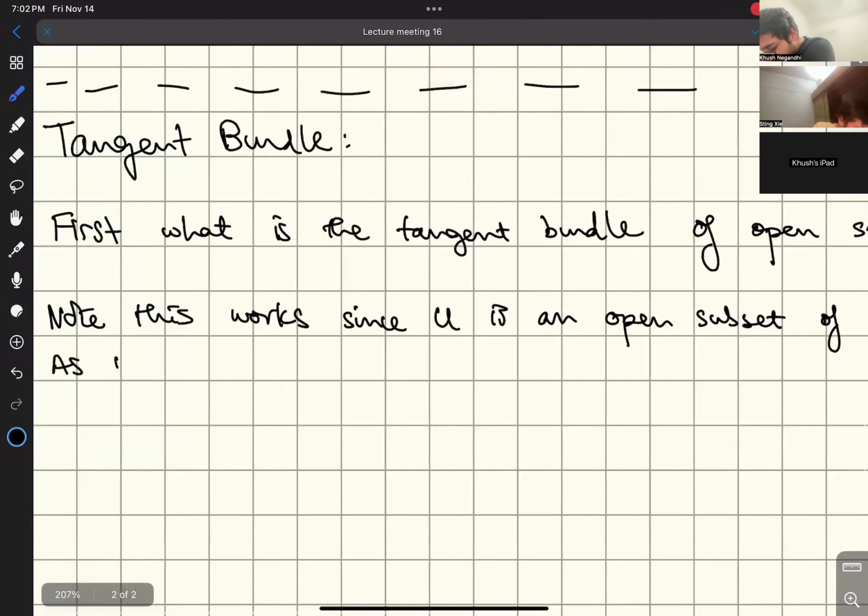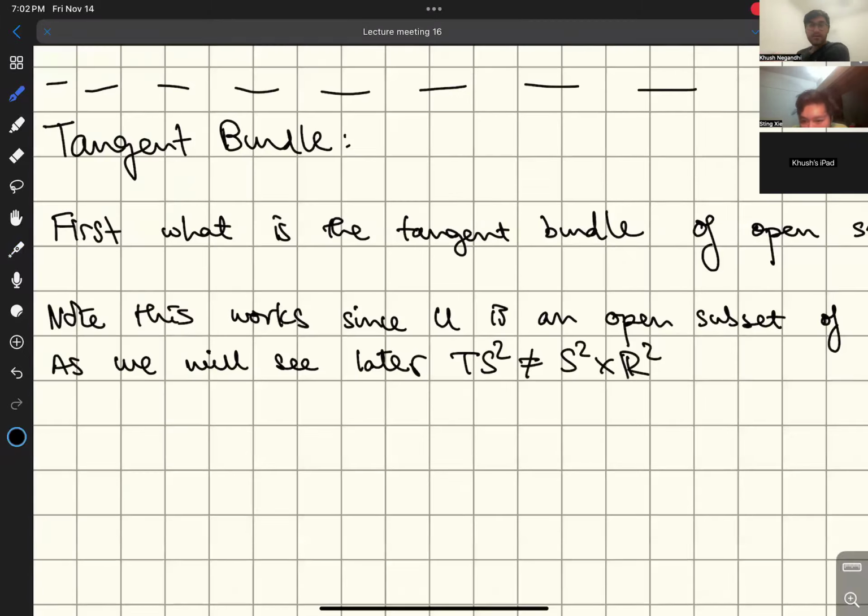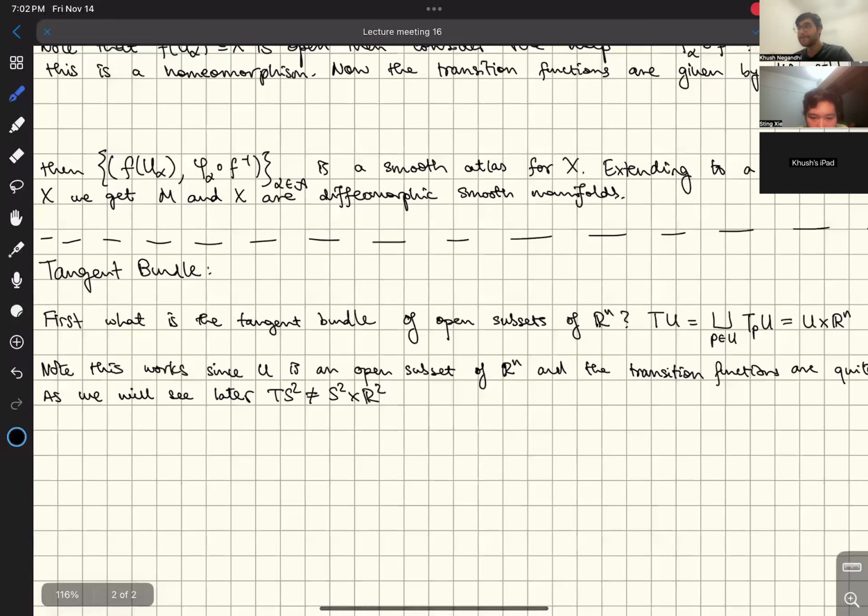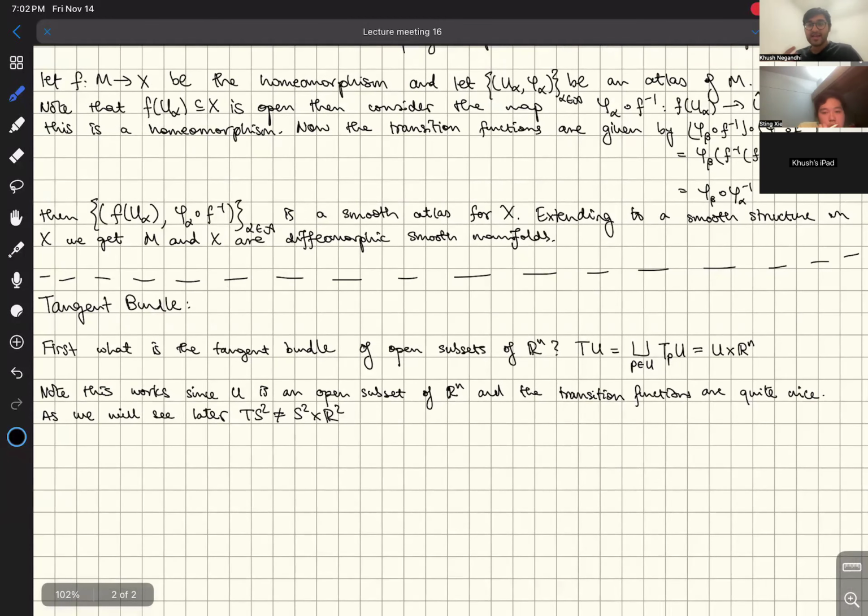As we will see later, the tangent bundle of the sphere S^2 is not S^2 cross R^2. It turns out that the tangent bundle of the circle is S^1 cross R, but unfortunately, it doesn't carry on further than that. I think the tangent bundle of S^3 is also S^3 cross R^3. But we will show that if your manifold is a Lie group, then its tangent bundle does decompose like this.